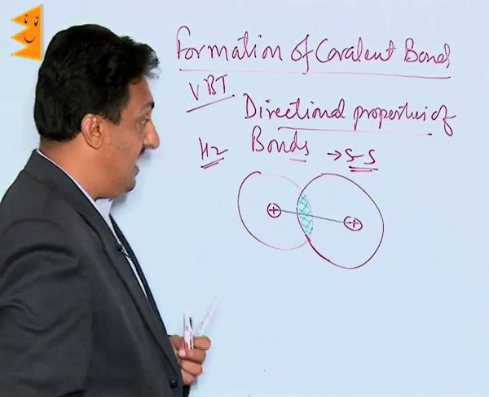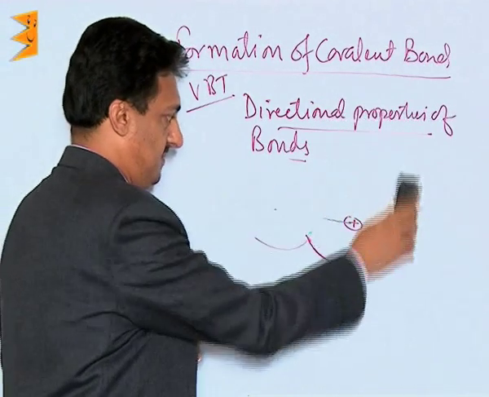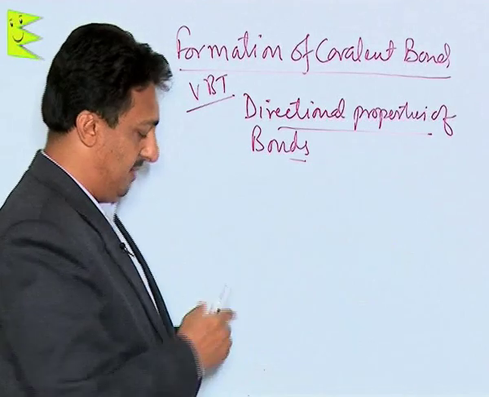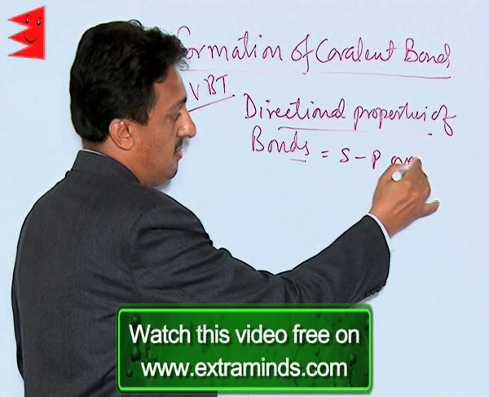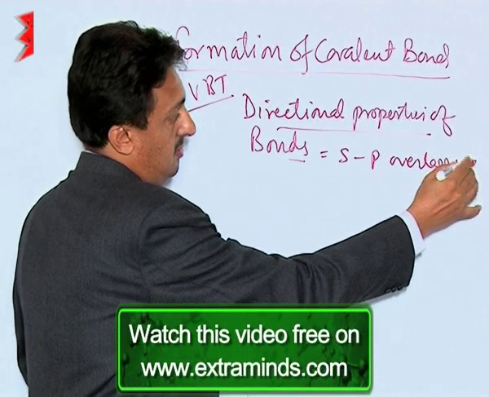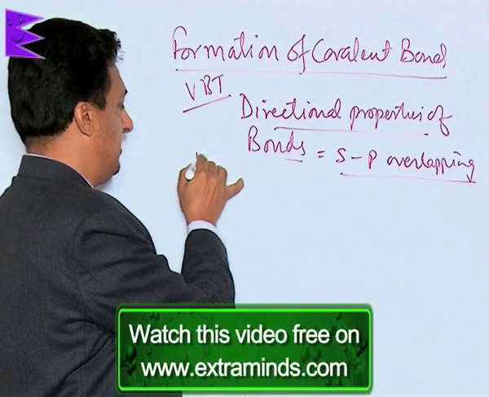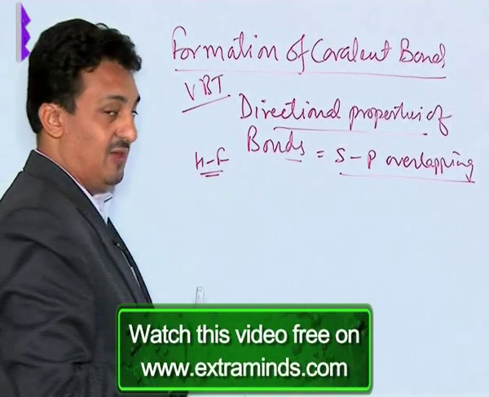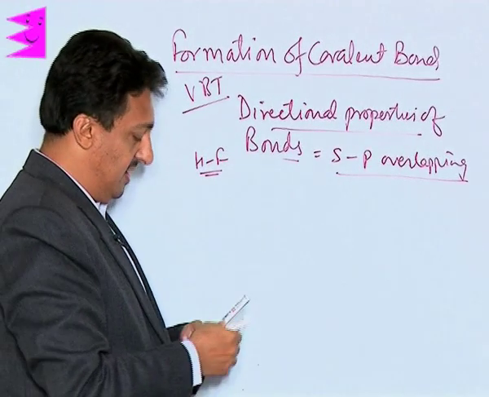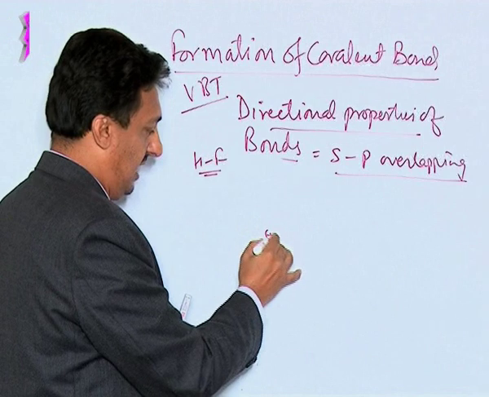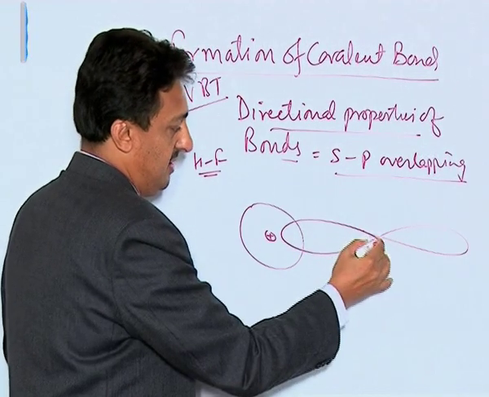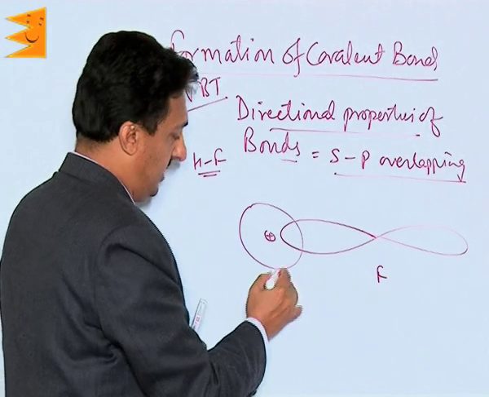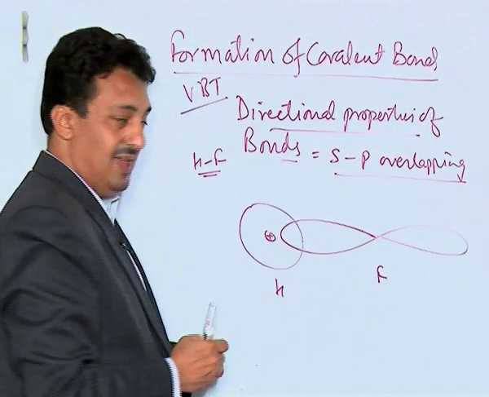Let us see the sp overlapping. The example we can take of the sp overlapping is the formation of HF, hydrogen fluoride. Now, what we get in this case is the smaller hydrogen's s and the p orbital of fluorine. This is fluorine, this is hydrogen. They overlap like this.